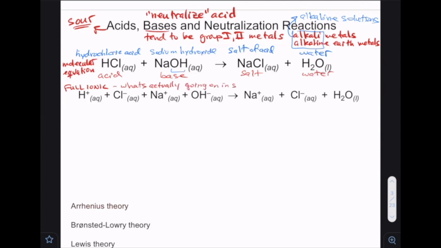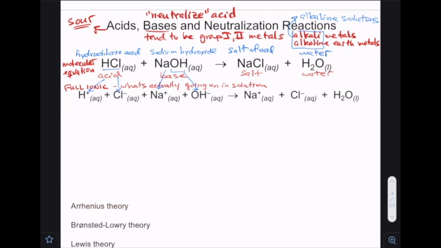So in other words, we've got HCl in aqueous solution. What that really means is we have hydrogen ions in aqueous solution and chloride ions in aqueous solution. Sodium hydroxide in aqueous solution, when we write it that way, that aq really means that we have sodium ions in aqueous solution and hydroxide ions in aqueous solution.